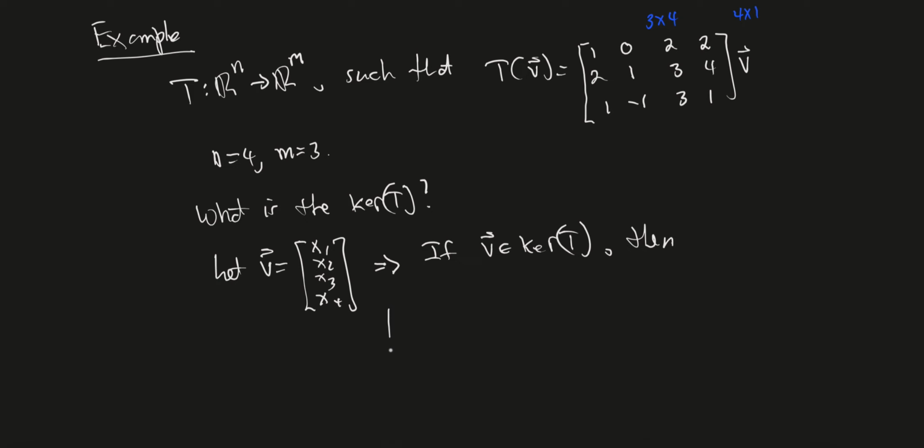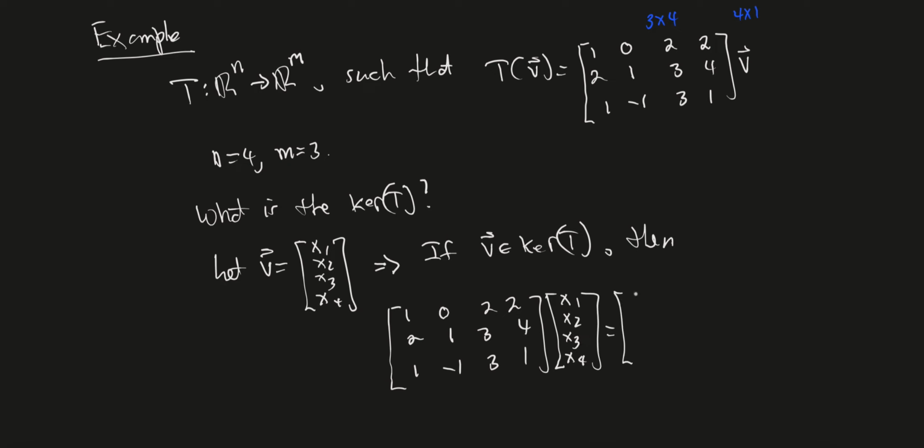If I take my matrix 1, 0, 2, 2, 2, 1, 3, 4, 1, negative 1, 3, 1, and I multiply this element in the kernel, then I would have to get the 0 vector.